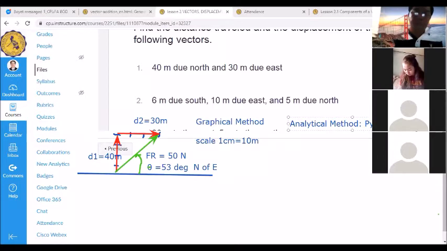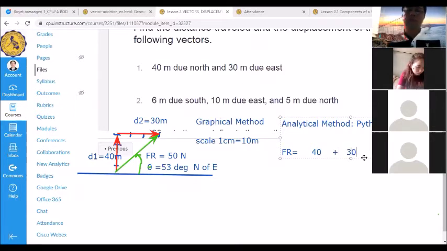The Pythagorean theorem will allow us to have our equation that FR is equal to the square root of the squares of the two sides, 40 and 30. So we square each of them.